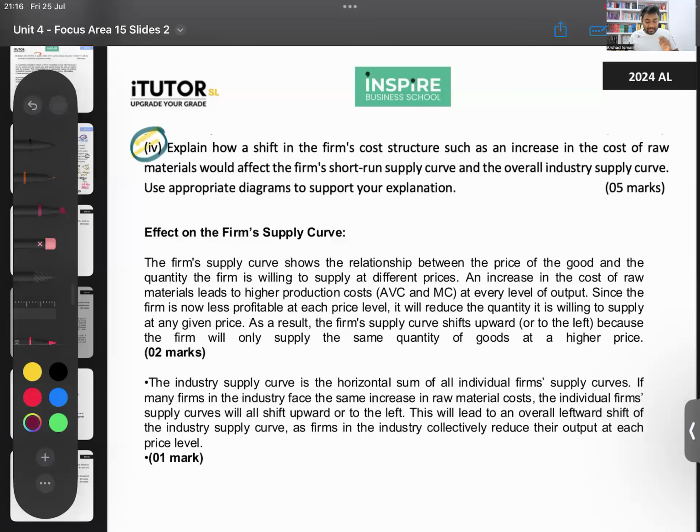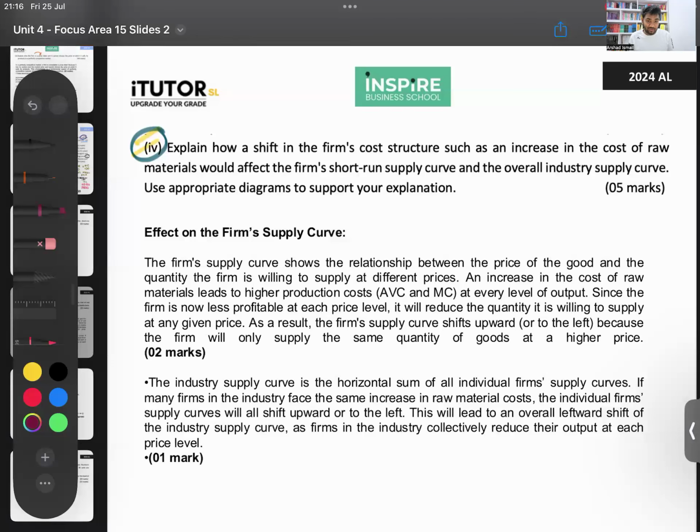Okay. Right. So explain how a shift in the firm's cost structure, such as an increase in the cost of raw materials, would affect the firm's short-run supply curve and the overall industry supply curve. Use appropriate diagrams to support your explanation.